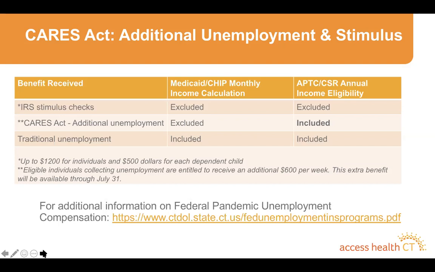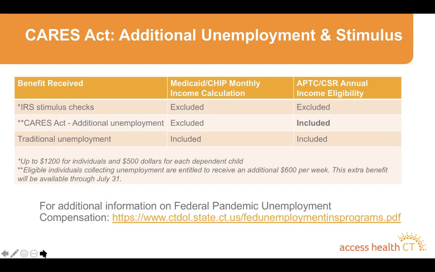But for the purposes of APTC and CSR eligibility for qualified health plans, in the annual income section, that additional unemployment, that $600 per week on top of whatever their base unemployment is, is included. So all of their unemployment is included for the purpose of calculating QHP subsidies. And that's in the annual income section.